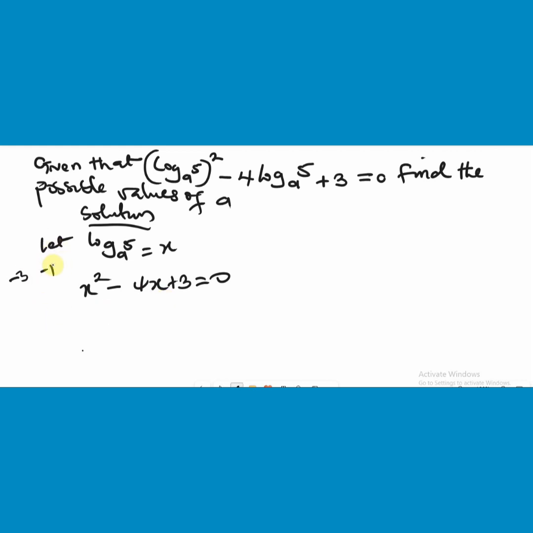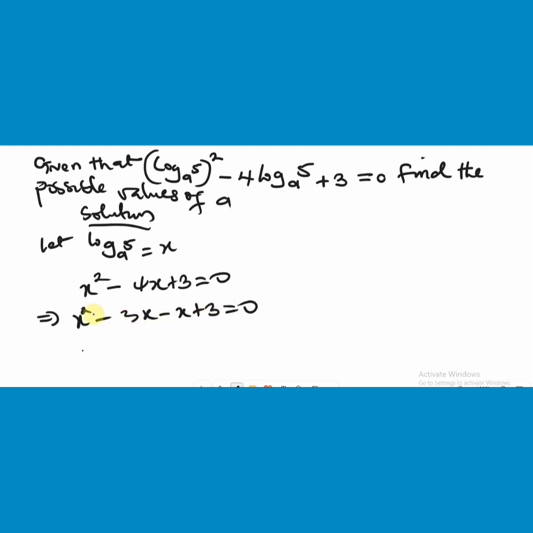Remember that we're dealing with x as a variable, so it's going to be minus 3x and minus 1x, because I'm going to replace the middle term, minus 4x, with those values. So to factorize, this is going to be x squared minus 3x minus 1x, but you know 1x is always x, plus 3 is equal to 0.